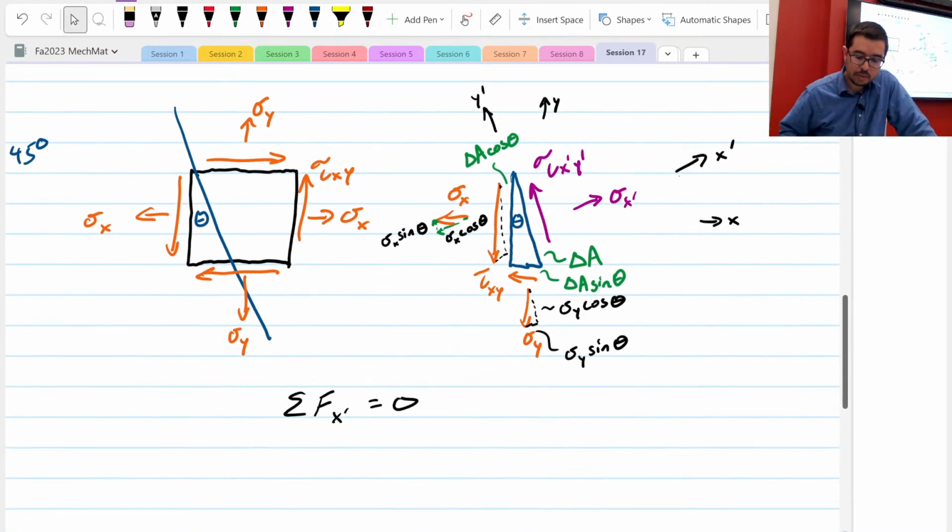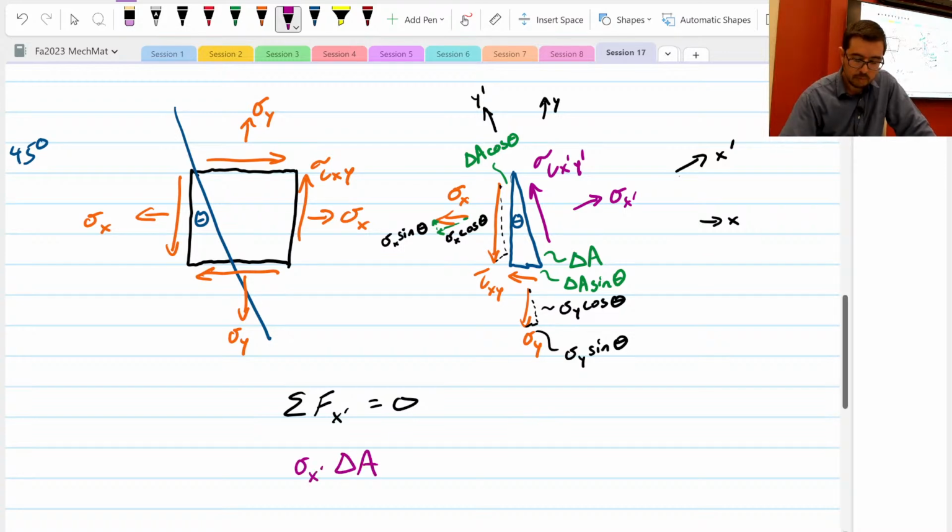We have sigma x prime. Let's start with this one. What's the contribution of sigma x prime in the x prime direction in terms of a force? Sigma x prime divided by delta A. Okay, almost.